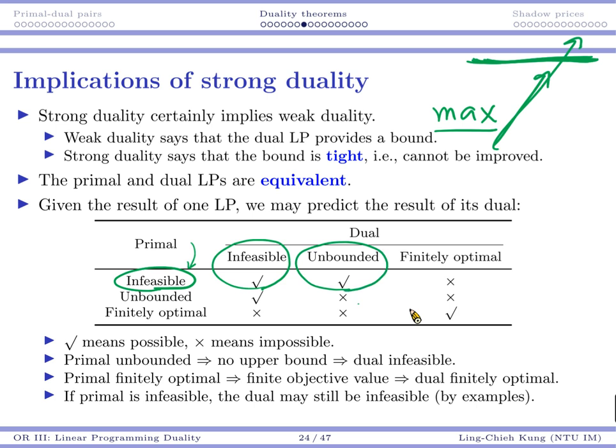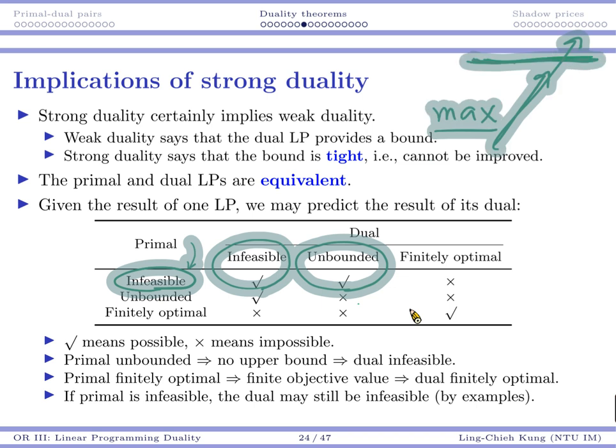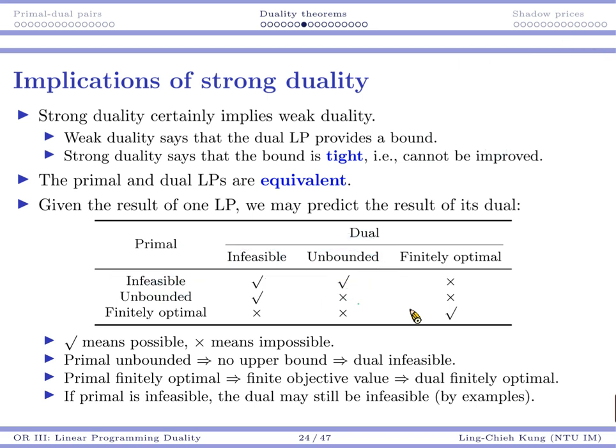Both are possible. Okay? So we may provide many examples showing you that this is true, that is true, but I don't think we need to do that one by one. All you need to do is to understand that now, because of all those strong duality results, as long as we know one condition, we know what happens to the primal, we actually have a way to predict what's going to happen for your dual according to this particular table.